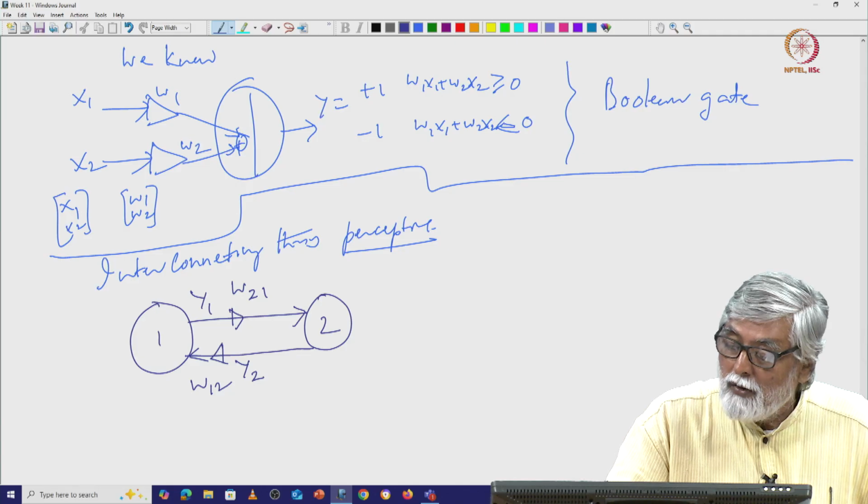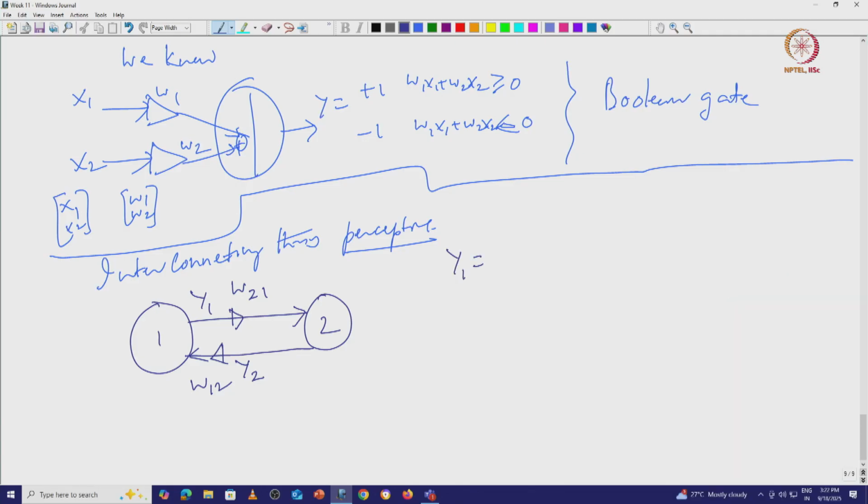So, here y1 will be plus 1 or minus 1 depending on whether w12 y2 is greater than 0 or less than 0, and output y2 is plus 1 or minus 1 depending on whether w21 y1 is greater than 0 or less than 0.